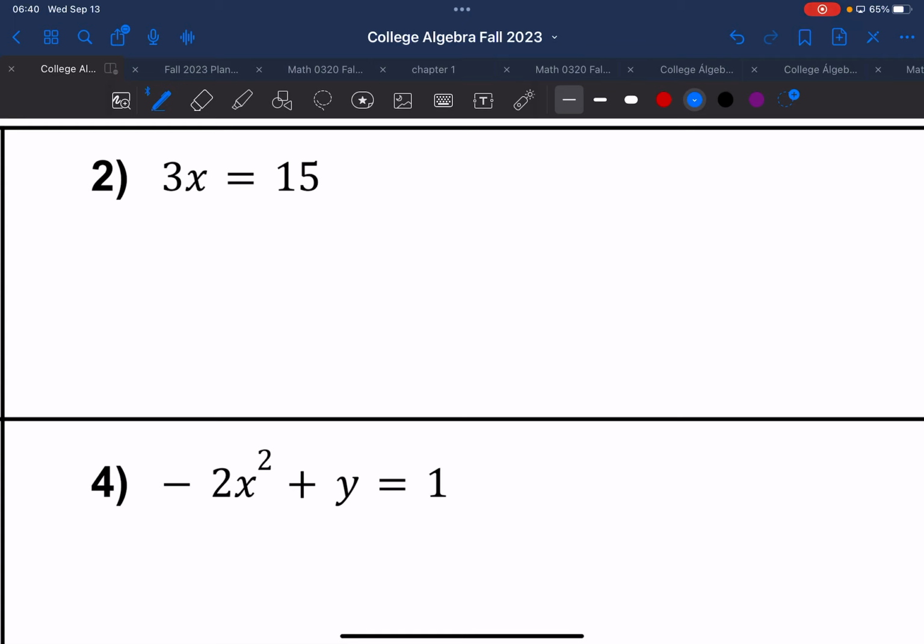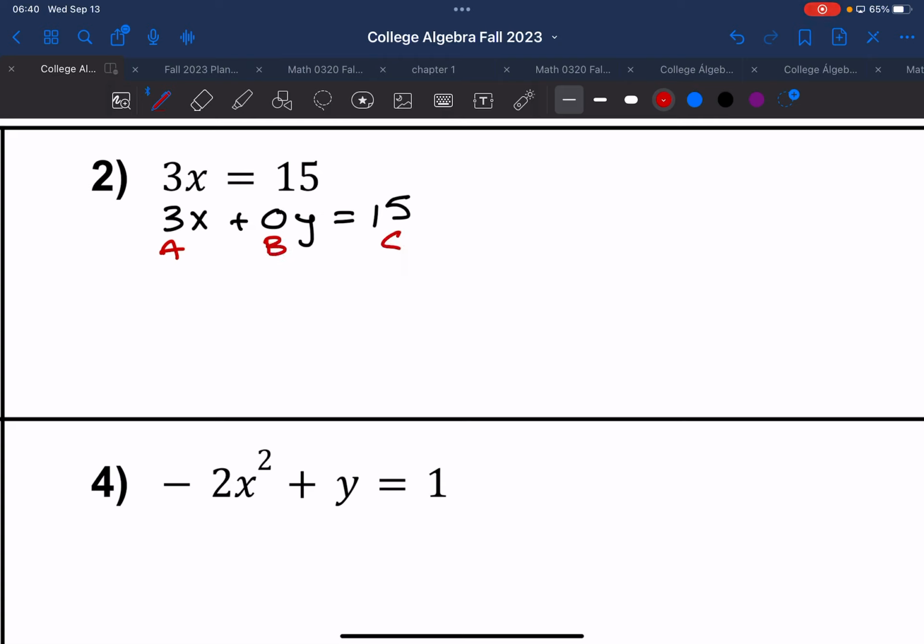So in this case, could y be 0? Yep, y could be 0. So if we were to rewrite this, this could be 3x plus 0y is equal to 15. Does this look like standard form? It is. So this is our A, our B, and our C.